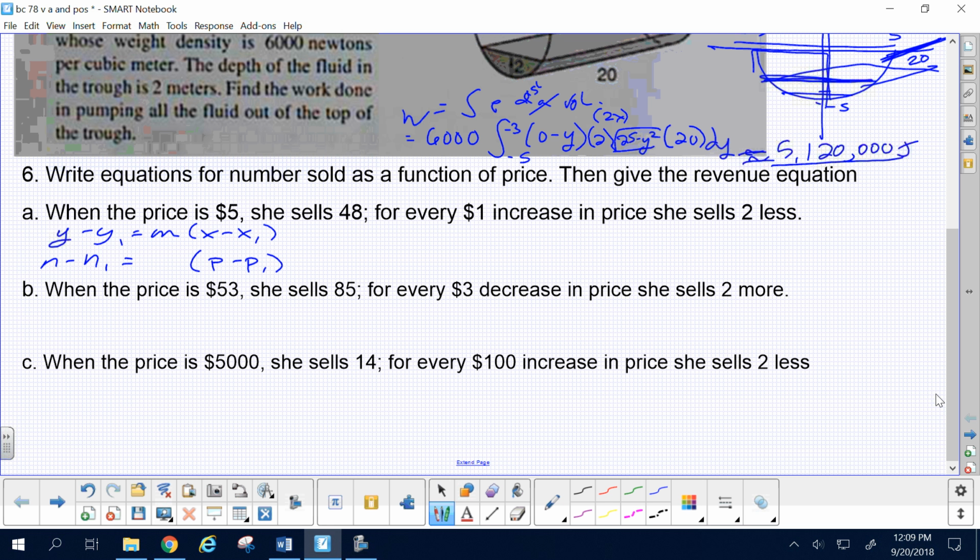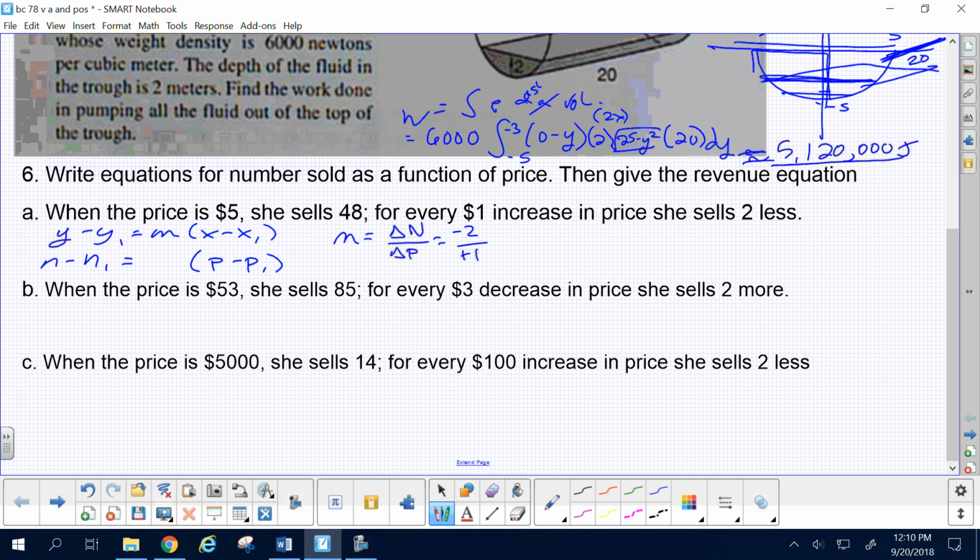Instead of change in y over change in x, the slope will be change in number over change in price. So for this problem, N1, P1 would be the first case: she sells 48 when the price is $5. That's a case we can put in. What's the slope? 2 less, so that's negative 2 for every positive 1. So the slope is negative 2.